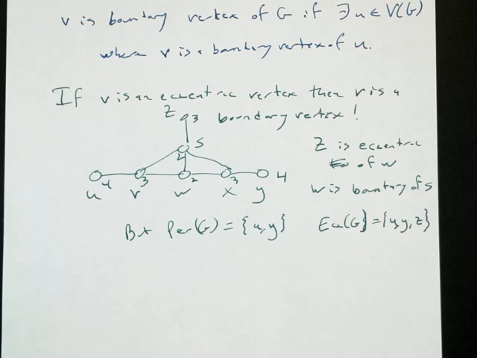The distance to the periphery is the biggest eccentricity. The distance from a vertex U to an eccentric vertex of U is the farthest we can get, the maximum possible distance you get away from U. That's the absolute maximum. But a boundary is a local maximum.